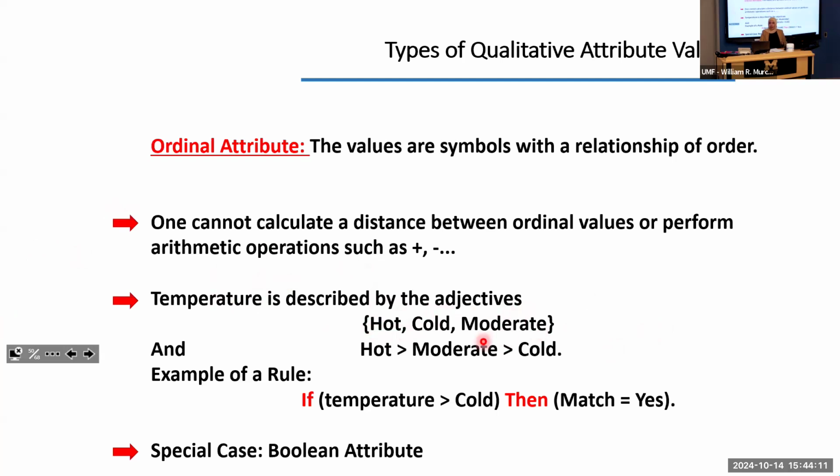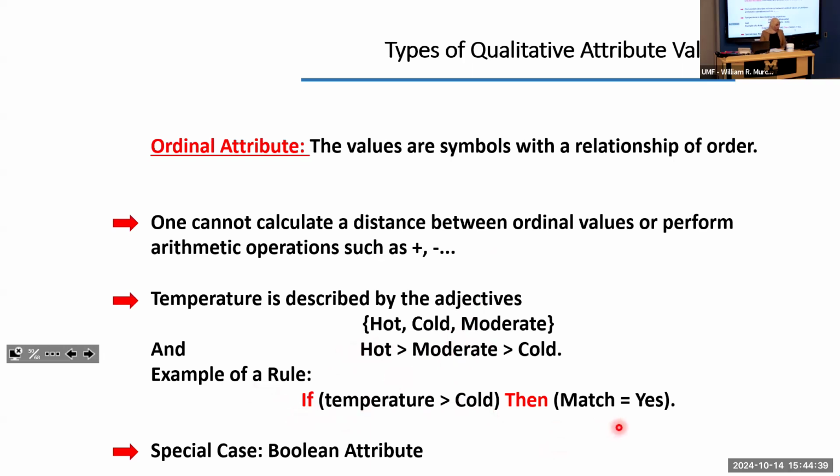So I can say that hot is strictly superior to moderate, which is strictly superior to cold, which makes sense, okay? This also allows us to perform tests like: if the temperature is strictly superior to cold, which means it is either hot or moderate, then there will be a match, okay?